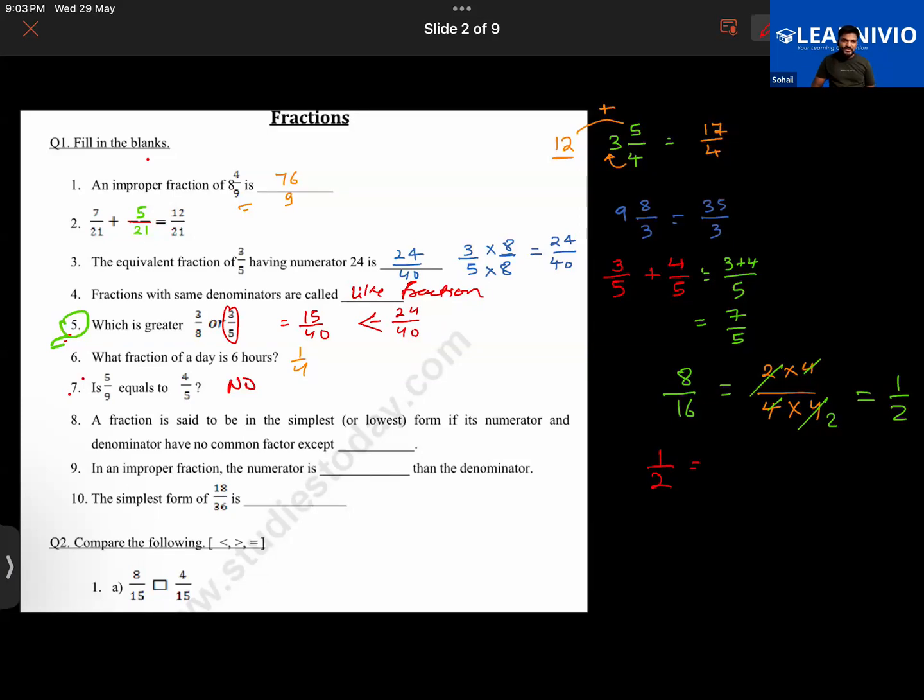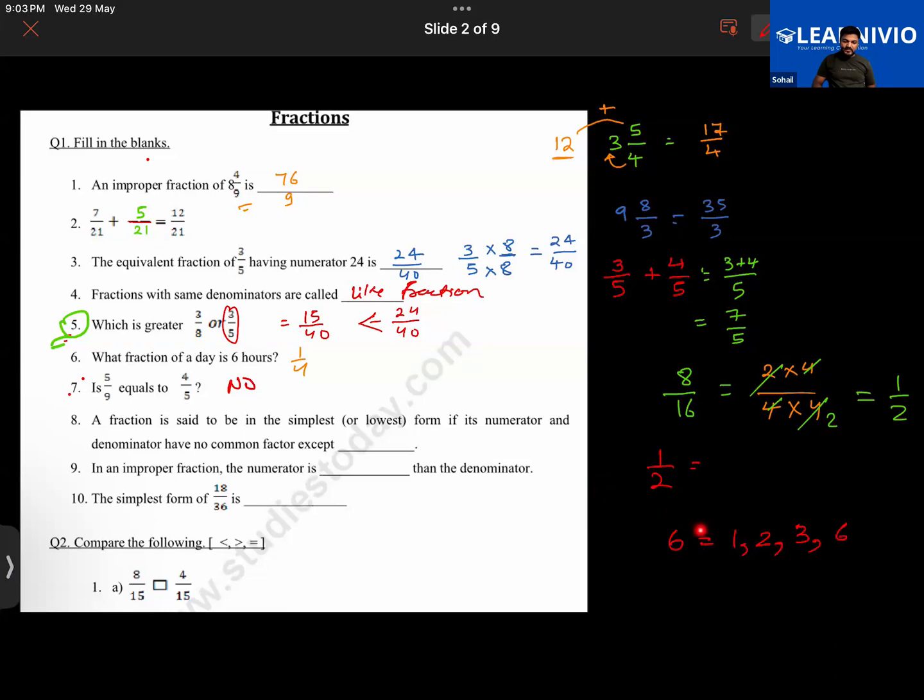You understand what a factor is now? What are the factors of 6? 1, 2, 3, and 6.